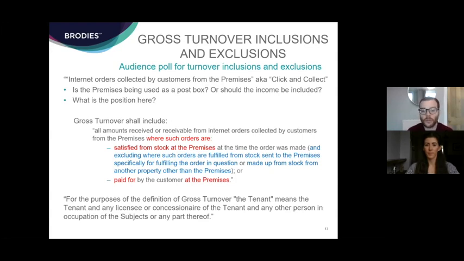So the example that springs to mind is if the units have maybe got Amazon Prime or Amazon lockers there where items can be collected, or other delivery mechanisms where customers are picking up packages from shops that aren't being sold by that shop. So you maybe want to have a think about that as well.